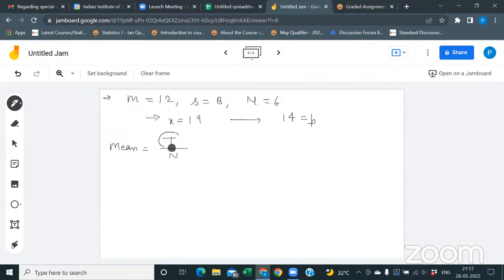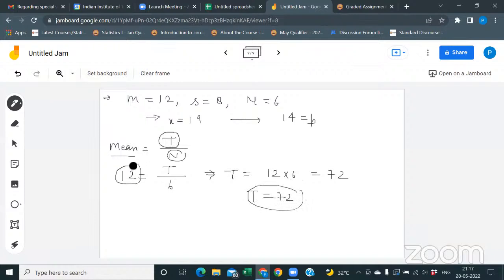I'm writing the sum of observations, summation xi, as T here. Now your mean is 12, and the sum of observations is T. Your n is 6, so your sum of observations will be 12 into 6, that means 72.